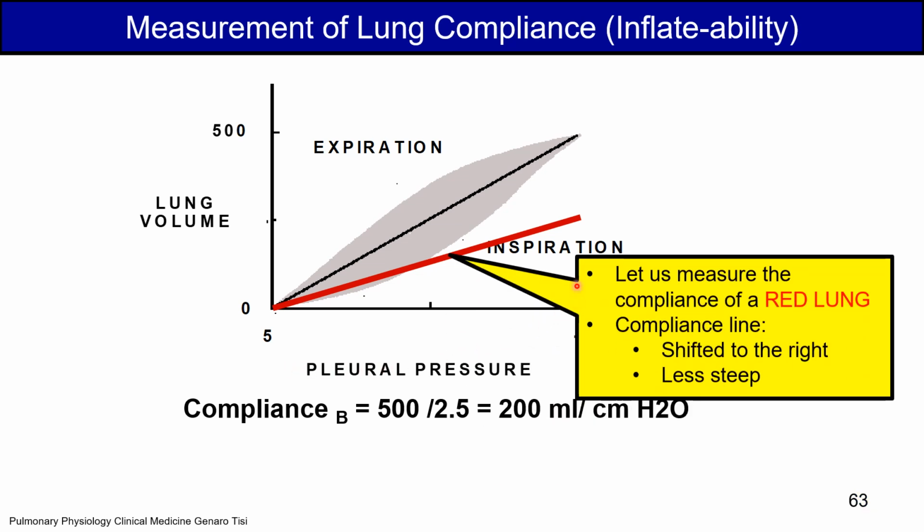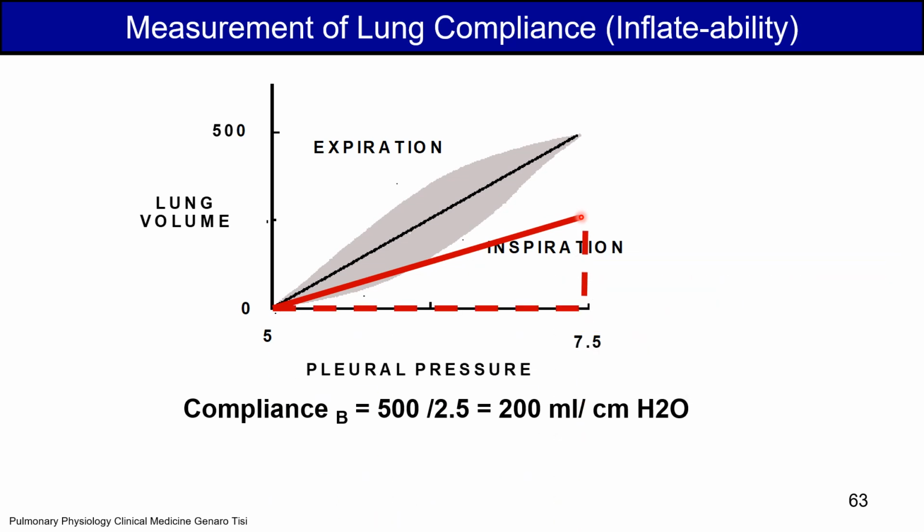Now, let us measure the compliance of this red lung here. Notice that the compliance line is shifted to the right, and notice that the slope is less steep. The change in pressure is also 2.5. However, the change in volume is around 250 mL.